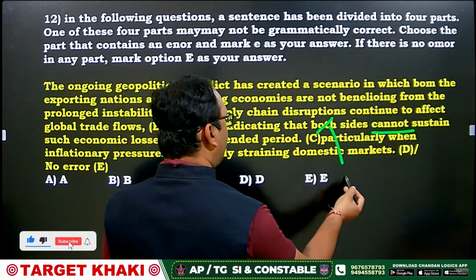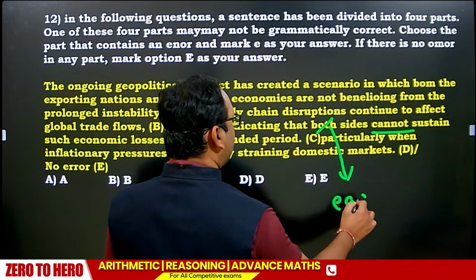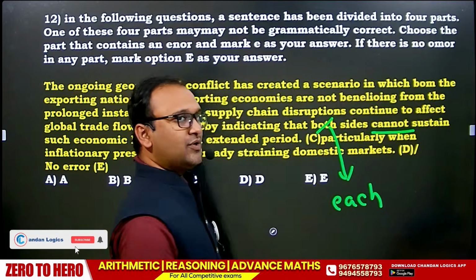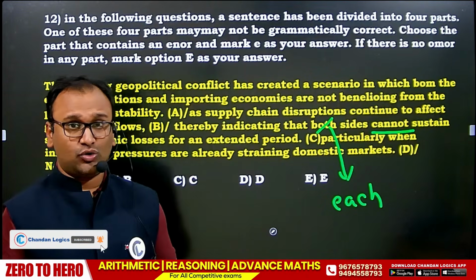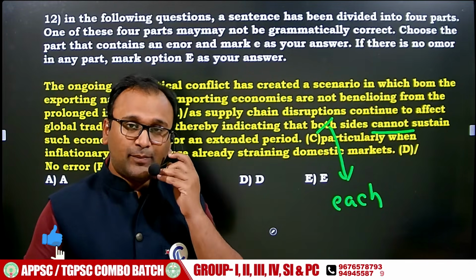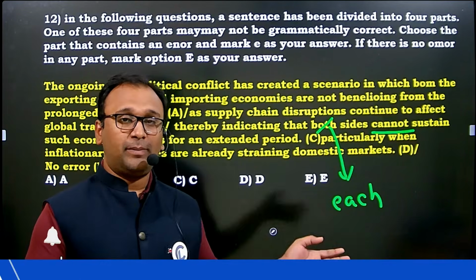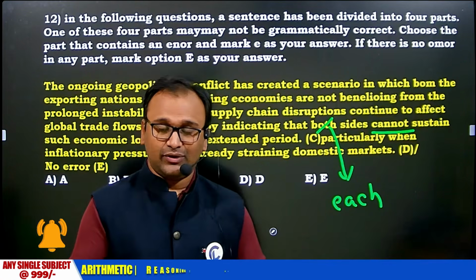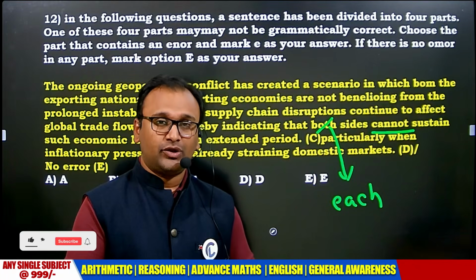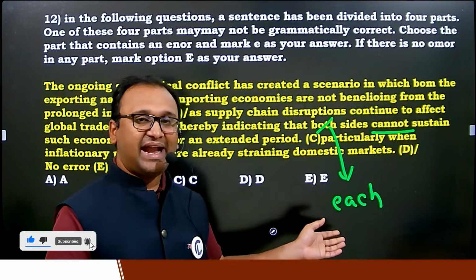In the place of both, better you say each side. No, you can't remove don't. If you remove don't, you're changing the negative sentence into a positive sentence. Then the whole meaning is different. You only have to make sure that in the place of both, you add each.